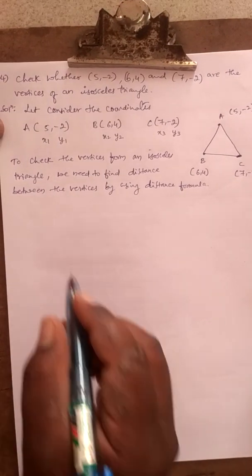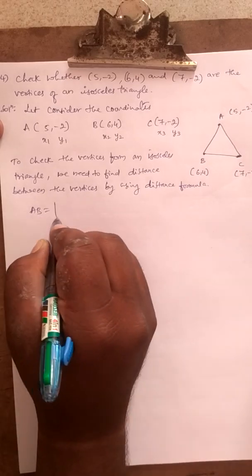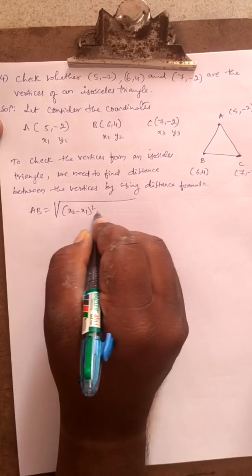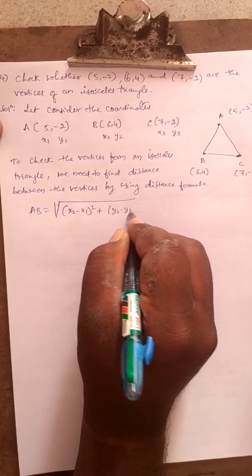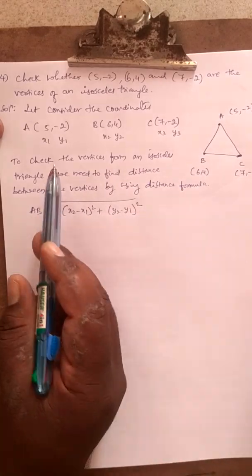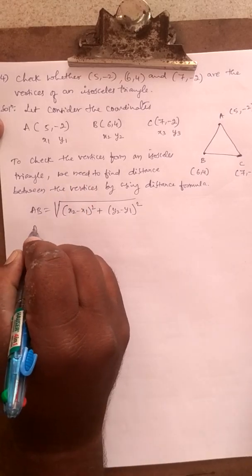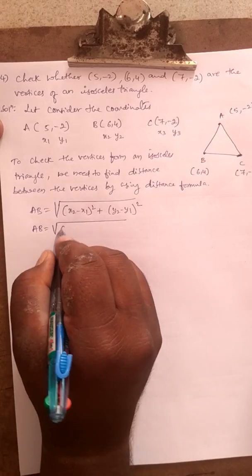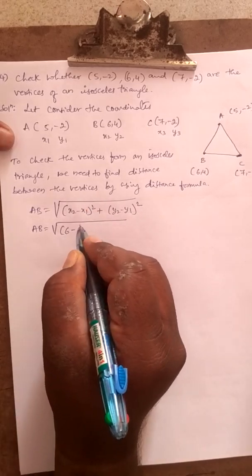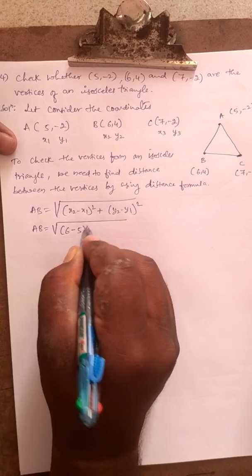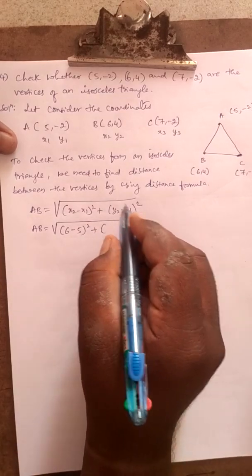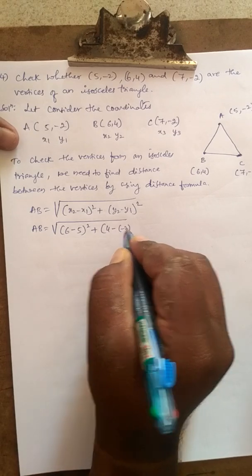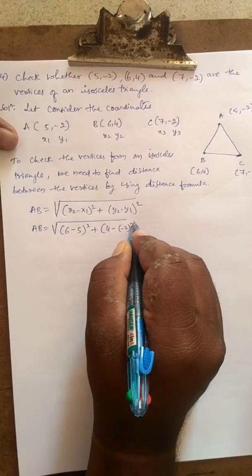Now see here, first AB is equal to, we write the distance formula for AB: square root of x2 minus x1 whole square plus y2 minus y1 whole square. I already named x1 y1, x2 y2, so we write those here. So x2 value is 6 minus x1 value 5 square, plus y2 value 4 minus y1 which is minus 2. Whenever negative values come, you take a separate bracket for that and write whole square.